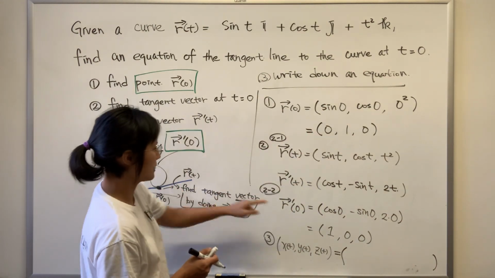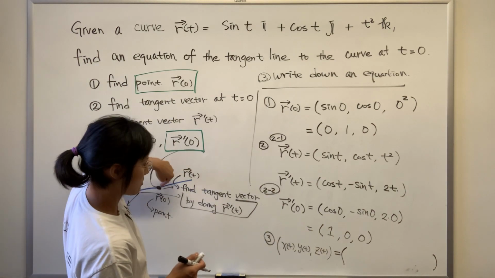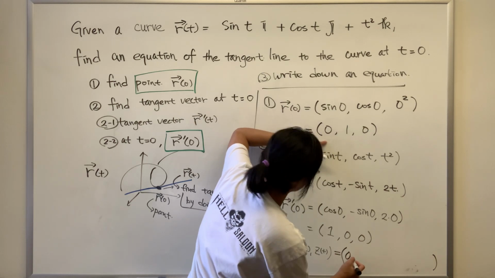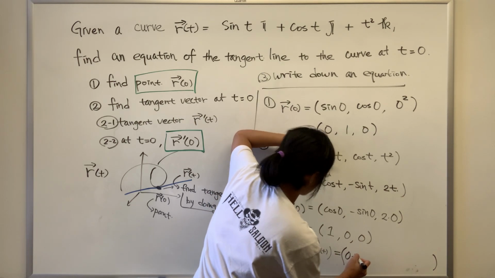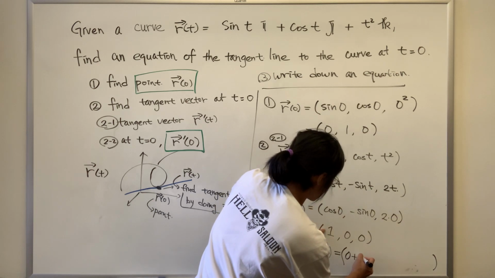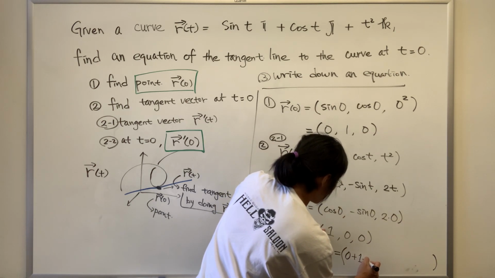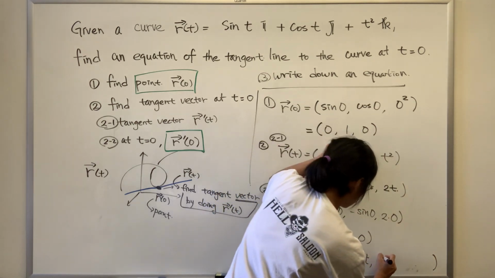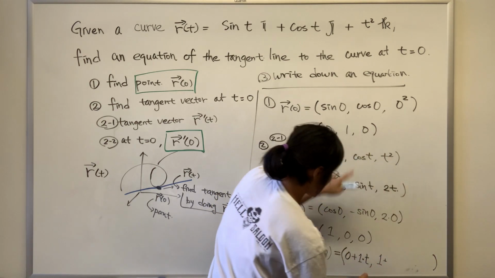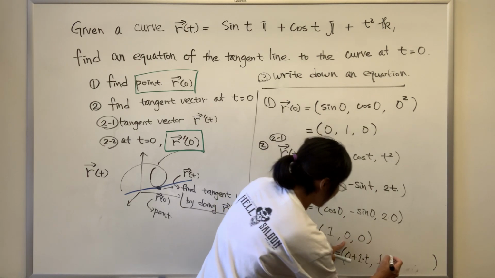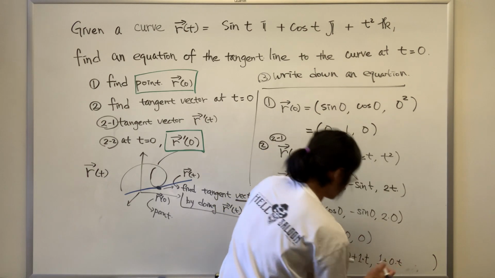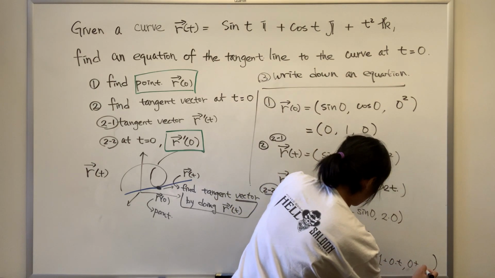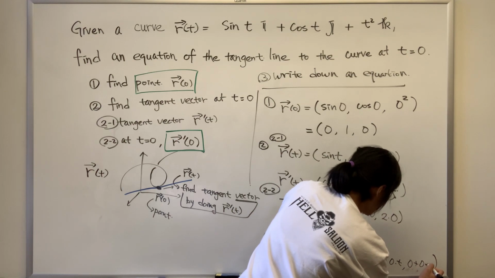This is for the vector, that's the direction of the line. So the point plus the x component times t, then the y coordinate plus the y component of the vector, 0 times t, then for z, the point plus 0 times t.